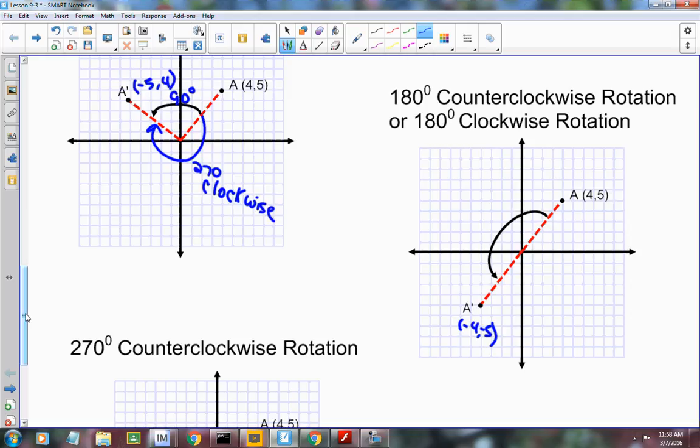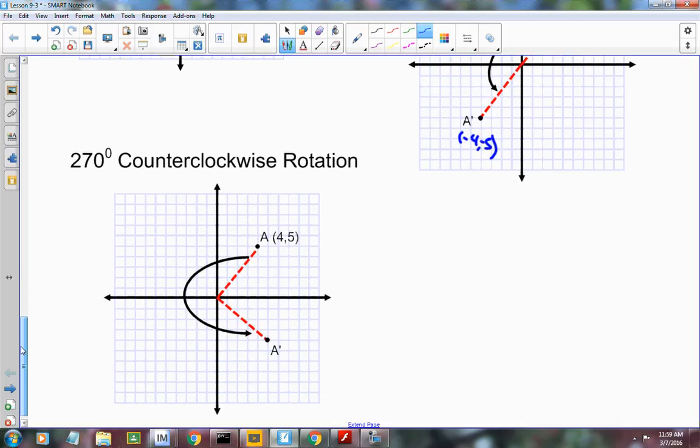The way that I remember this one is that in the first quadrant, they're both positive, right? If I go 180 degrees, they both become negative because they're both negative in the third quadrant. Even if I was in the second quadrant going to the fourth, here I've got a negative positive. When it comes over here, it becomes a positive negative. So they switch signs no matter what. So the rule for the 180 is you just switch the sign of the x and the y.